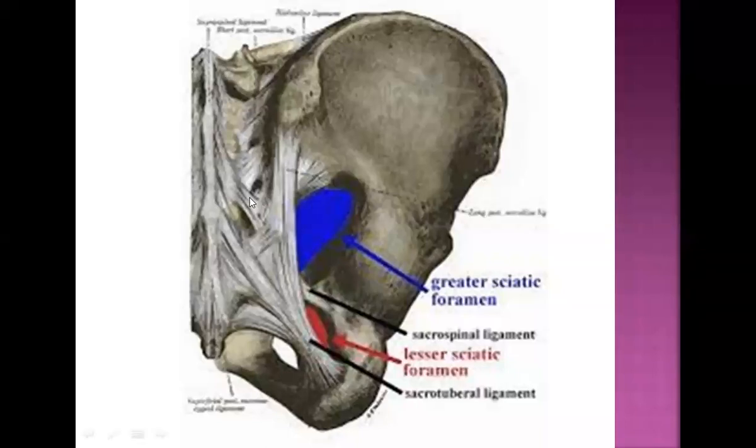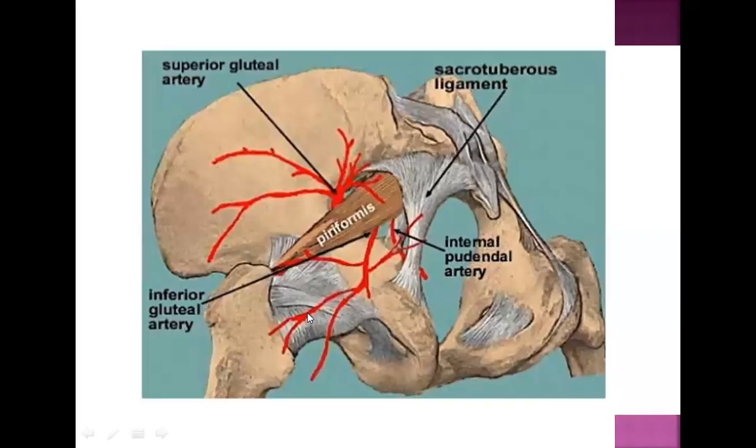So these PIN structures that I mentioned before, the pudendal nerve, the internal pudendal artery, and the nerve to obturator internus, leave the pelvic cavity, cross the ischial spine, and again enter into the lesser sciatic foramen. So it's a short curved course of the PIN structures in the gluteal region.